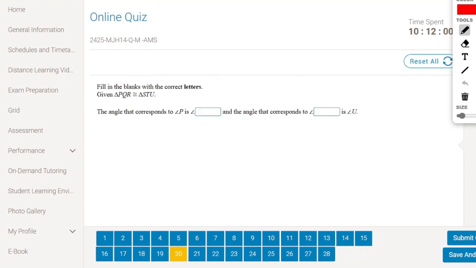Now question number 20. Fill in the blank with the correct letters. I have given triangle PQR. Let's draw it here to understand it better. This is PQR, and congruent to STU. Congruent means point P is like S, Q is like T, and R is like U. Okay, these are the two triangles.